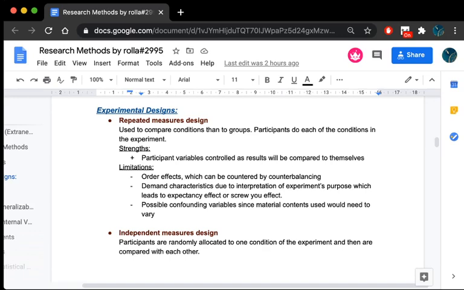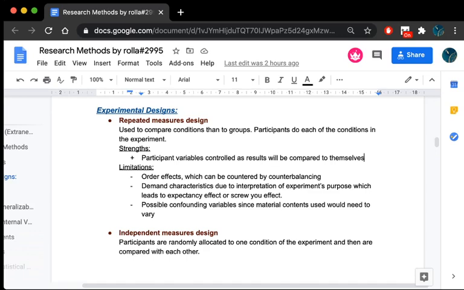The good thing about this is it's usually useful if you don't have a lot of participants, or if you want to compare the same participants' behavior before and after. Because you're comparing the participants to themselves.